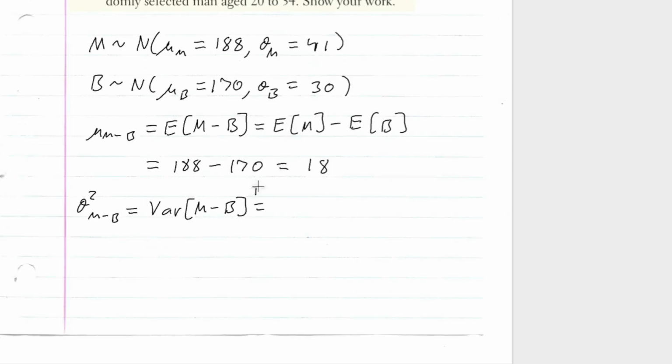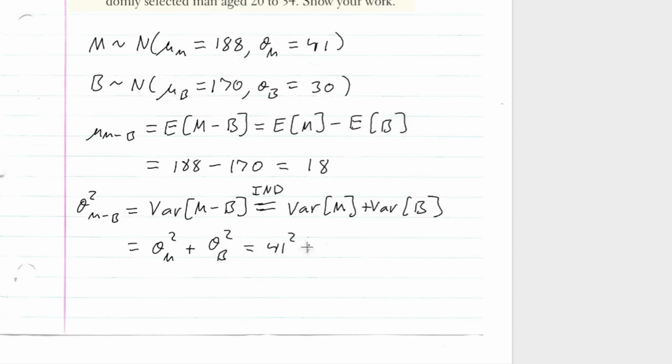So because they are independent, we know that this is the same thing as the variance of M plus the variance of B, right? And the variance of M is just the standard deviation of M squared. So this is the standard deviation of M squared plus the standard deviation of B squared, which is 41 squared plus 30 squared, which, if you do that calculation, that'll be 2581.